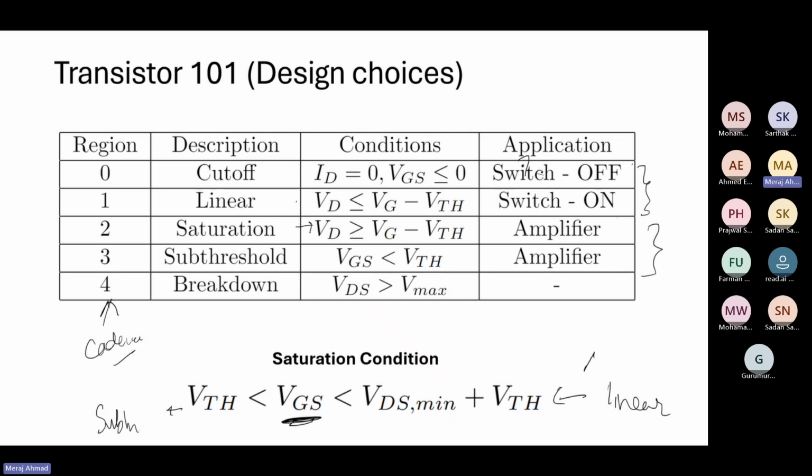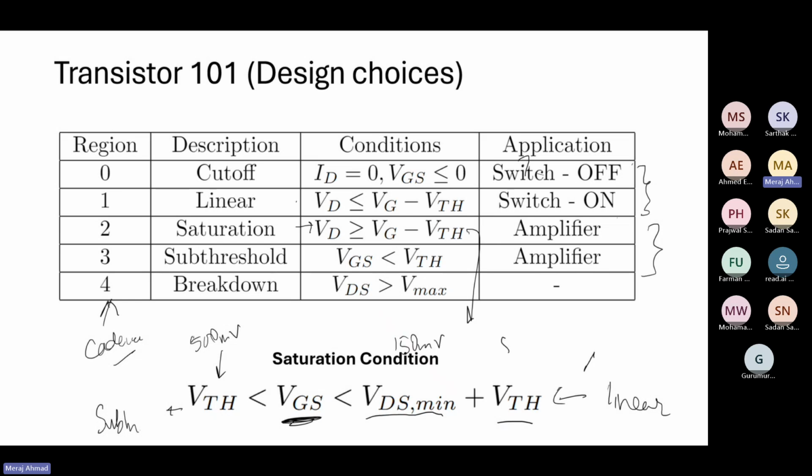To be in saturation, one is it should be greater than VTH, and the second is the VDS min we discussed before: VGS should be less than VDS min plus VTH. It is just rearranged a bit. As a designer, you only have this range for VGS. Suppose VTH is around 500 millivolts, and you target your VDS for 100 millivolt.